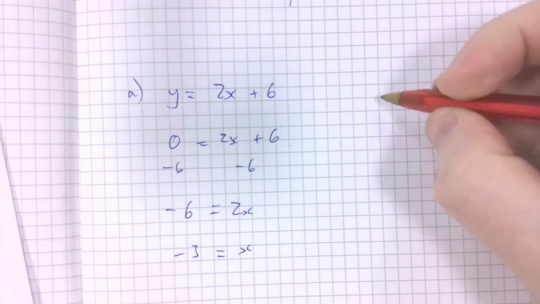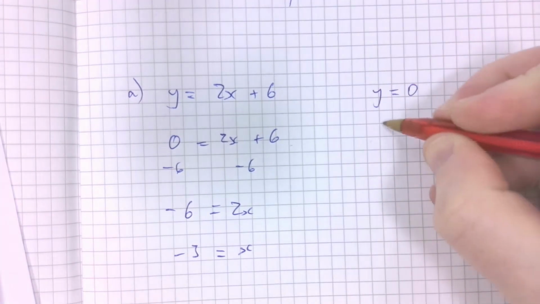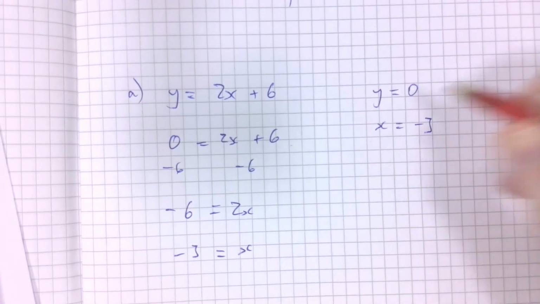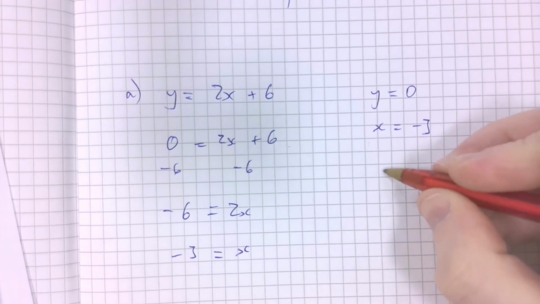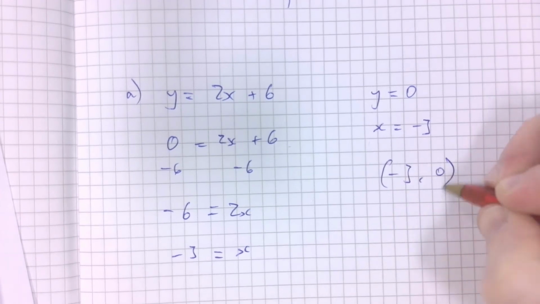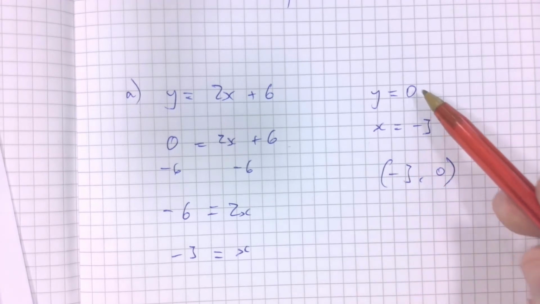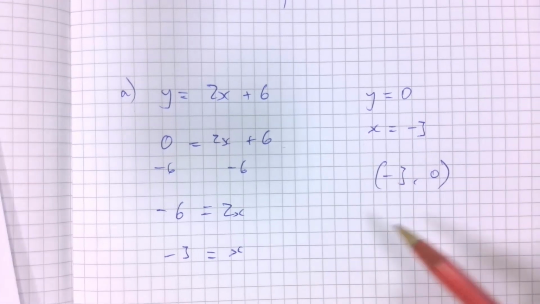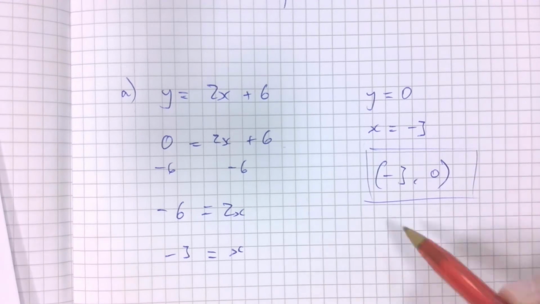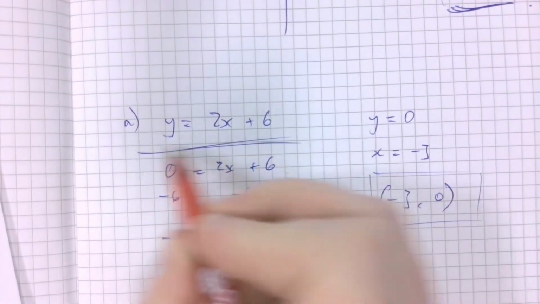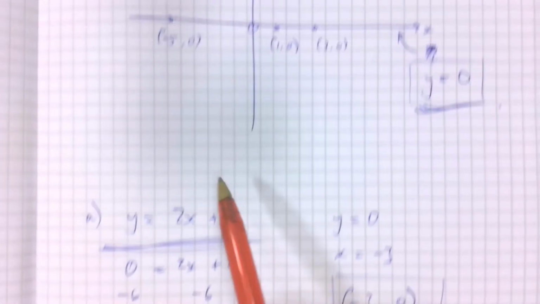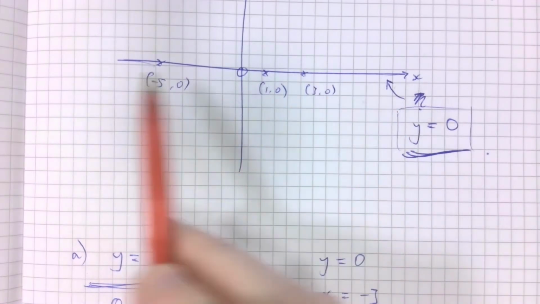And we've already said y equals 0. Y equals 0, x equals negative 3. That creates a coordinate. The minus 3 being the x value of the coordinate and 0 being the y value of the coordinate. That is the coordinate point where this line cuts through the x-axis.